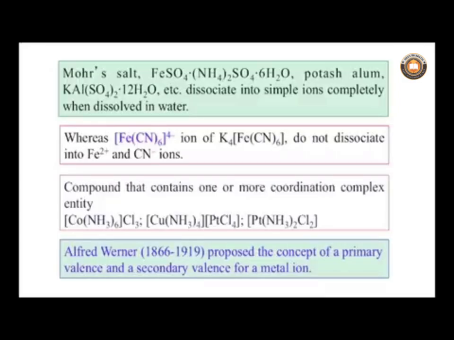Similarly, here is the cationic part, where 6 ammonia molecules are bound to the cobalt center, which is the cationic complex species. Here is an example where both the cationic part as well as the anionic part are complex species, giving a coordination compound where the cobalt part is the cationic part and the platinum part is the anionic part. Similarly, this compound with the medicinal value I told you about can be the cis variety, where two of the same groups, the nitrogens from ammonia, are 90 degrees to each other, as we know from the cis and trans definitions in organic chemistry.